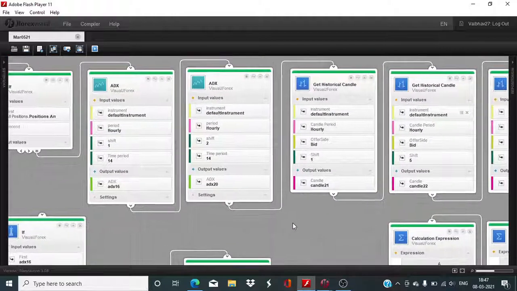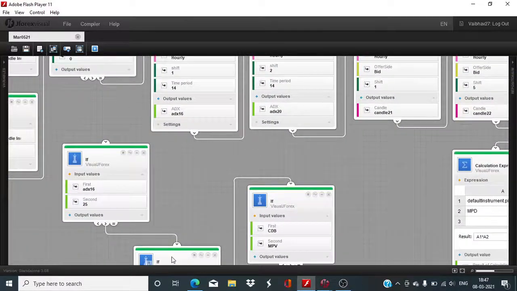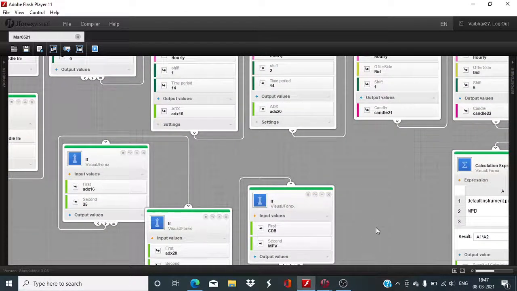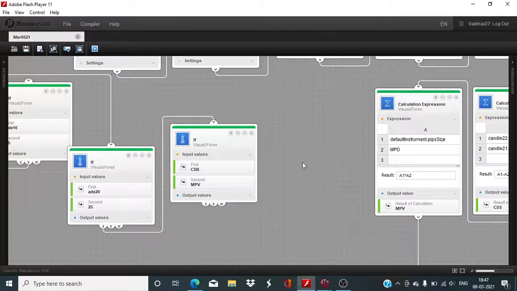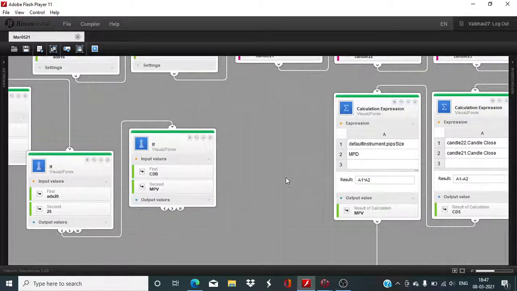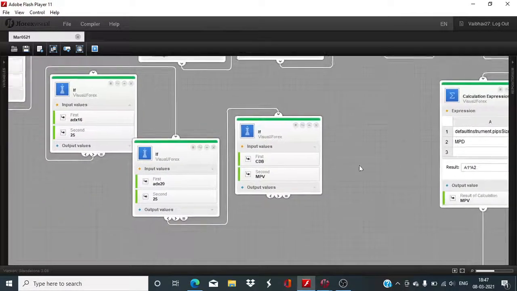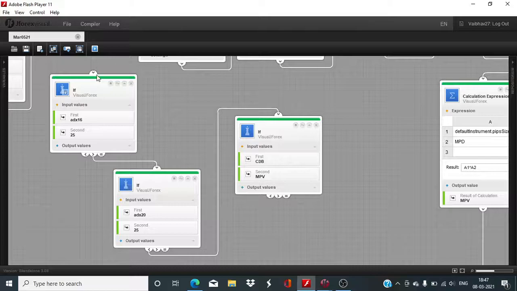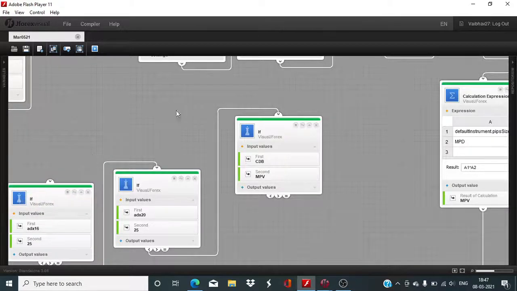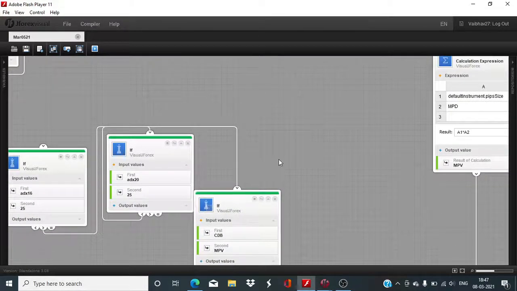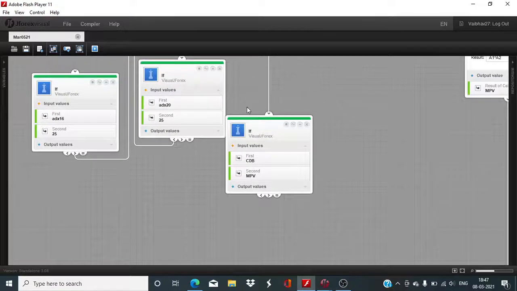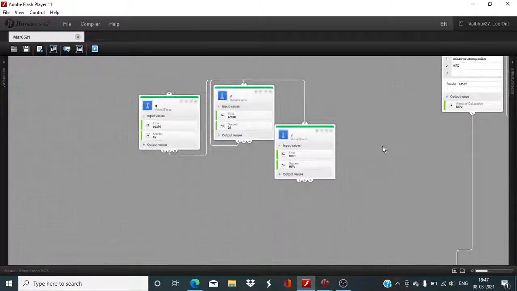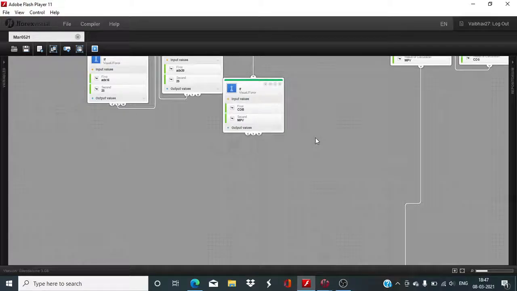Then all we have to do is look at the exact entry point, and for this session we will be working with the pending open order, not a market order. So for that we will also have to work with the buy entry point again, and for that some calculation will be required.